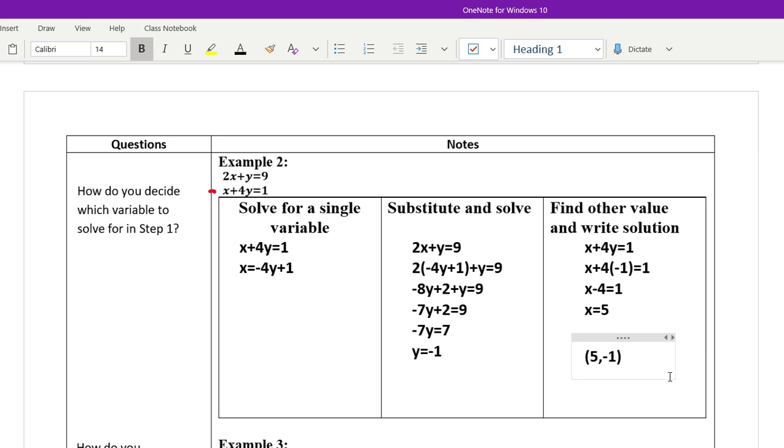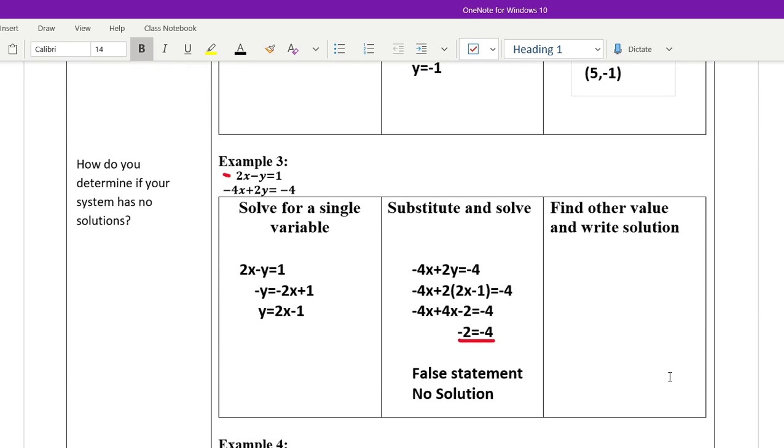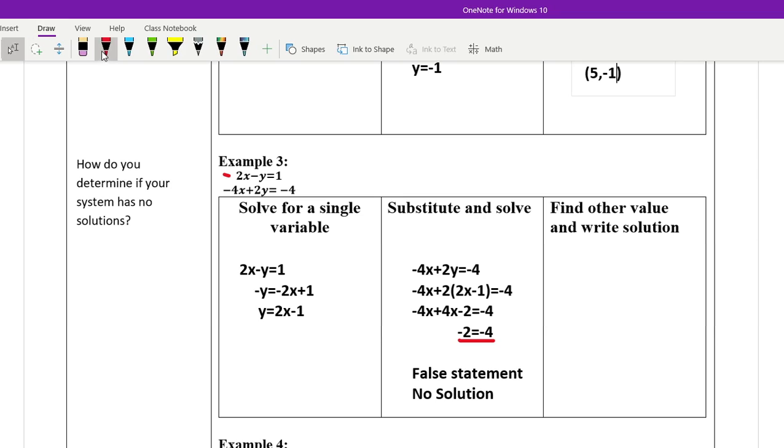For the substitution method, what happens is, in your second column, after you solve one equation for one variable and plug it into the other equation, you end up canceling out your variable. In this case, I had -4x plus 4x. When I combined the like terms, they canceled out.